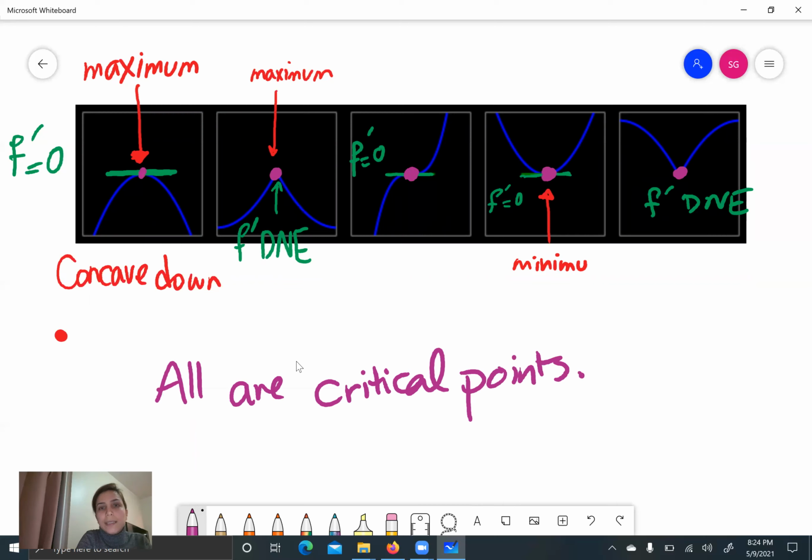For example, this is neither maximum nor minimum. So critical points are a more general family than extreme values, because a point can be critical but doesn't have to be a maximum or minimum, like the middle example.